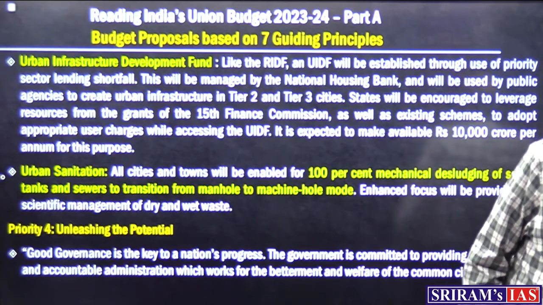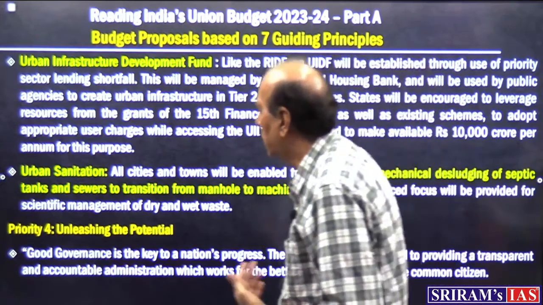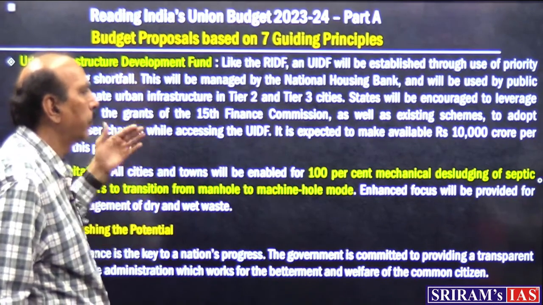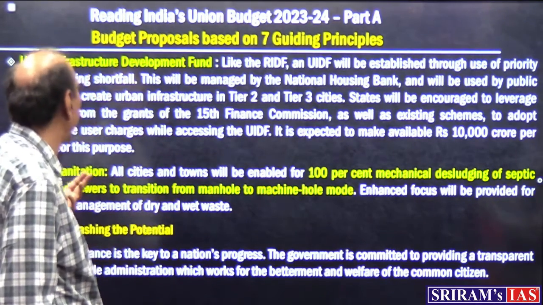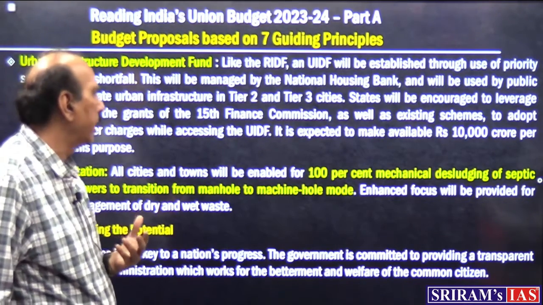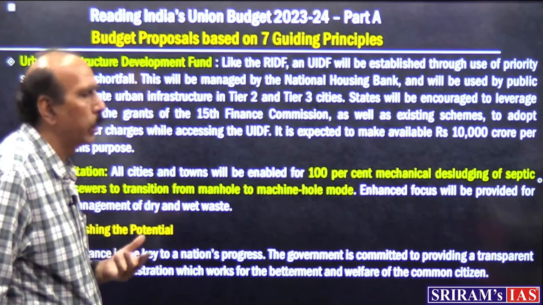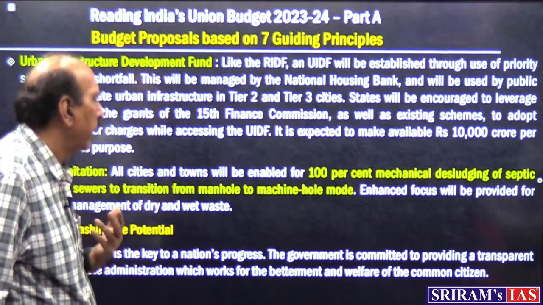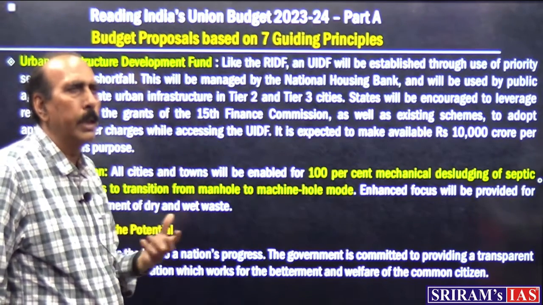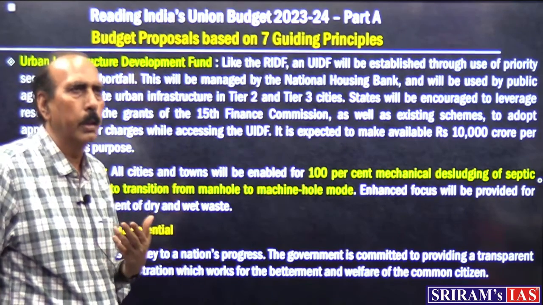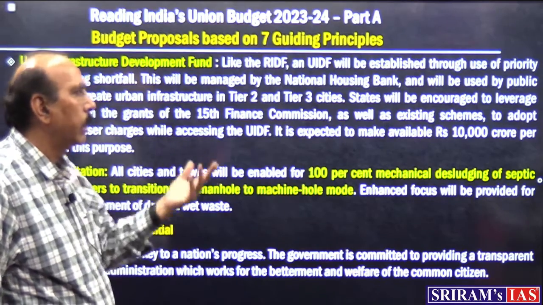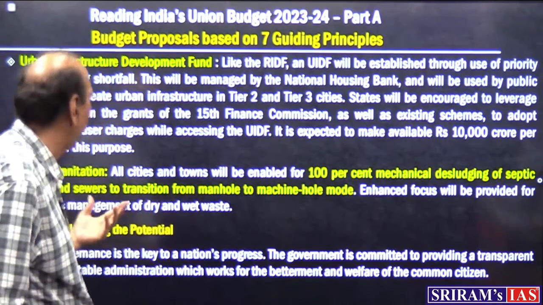And states will be encouraged to leverage resources from the grants of the 15th Finance Commission to adopt appropriate user charges while accessing the UIDF. We'll be giving assistance to the states from the UIDF only when they release some resources for these towns with appropriate user charges. And 10,000 crores is earmarked under the UIDF.